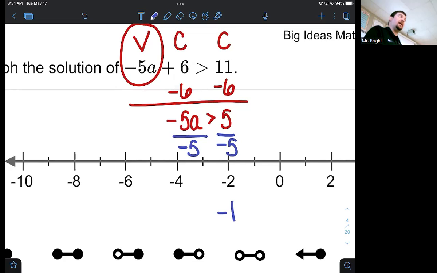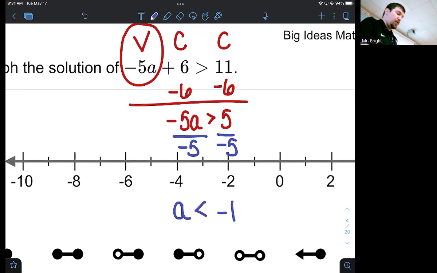Think about what's different about an inequality. Hannah? That's exactly right. You have to flip the sign when you're multiplying or dividing an inequality by a negative number. So now this is going to say a is less than negative 1 instead of a is greater than. By the way, that's going to change the entire direction we're shading.